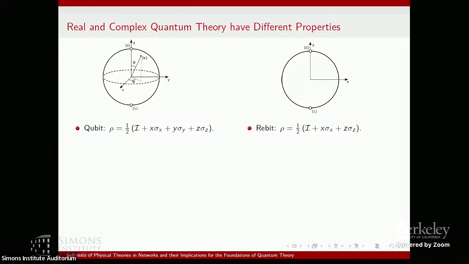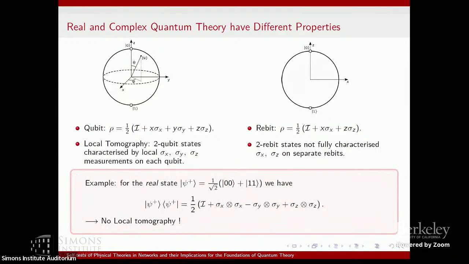Now, what happens if we want to describe several systems or a larger system, a 2-qubit system? In the complex case, we can characterize the system completely with those Pauli measurements. So to find the state of such a 2-qubit system we do all those measurements, and we can completely describe its state.